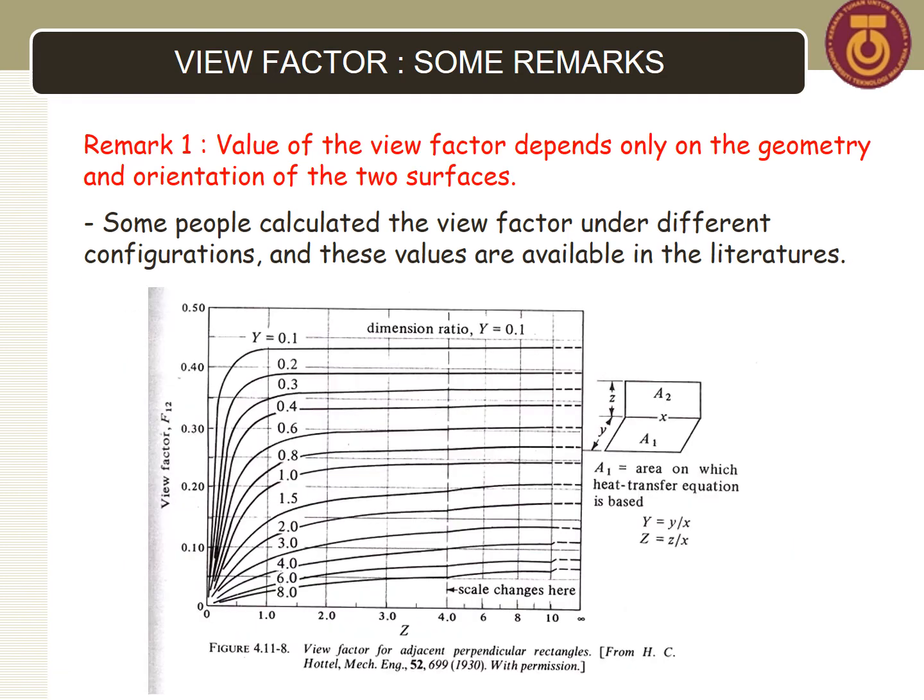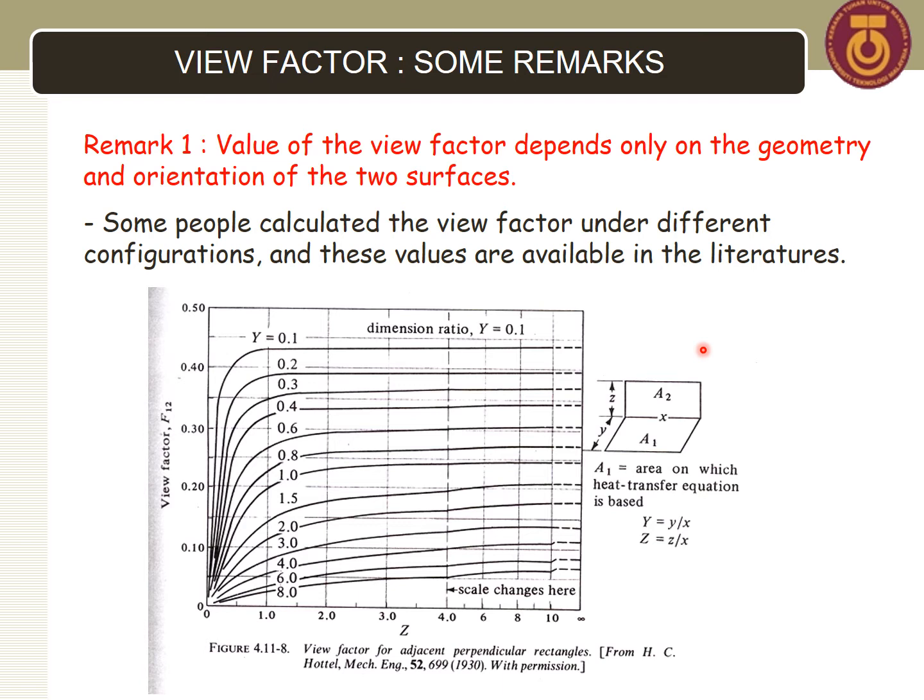Okay, this chart for adjacent perpendicular rectangles is quite self-explanatory, so I don't need to explain much. Just one thing you need to take note of, as compared to the previous chart for two parallel planes.